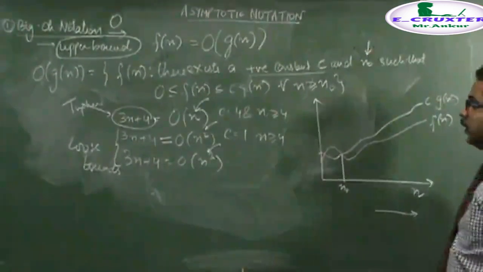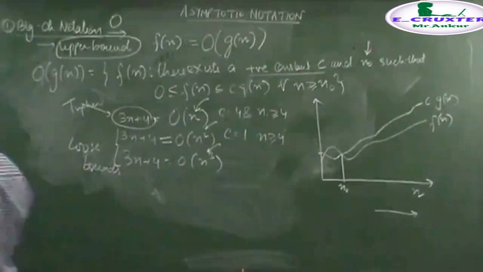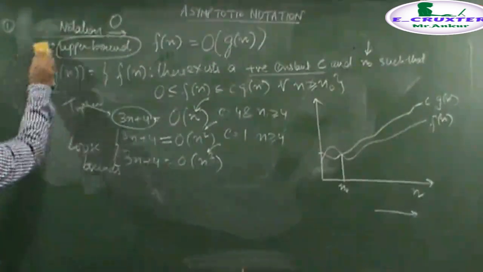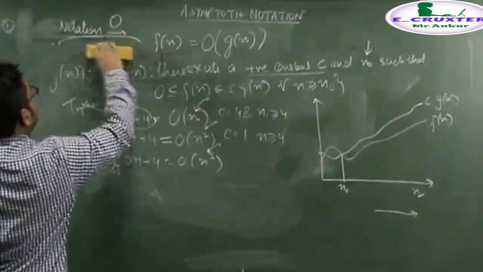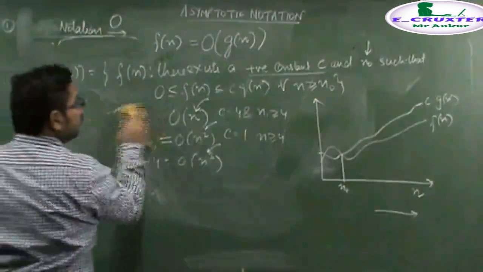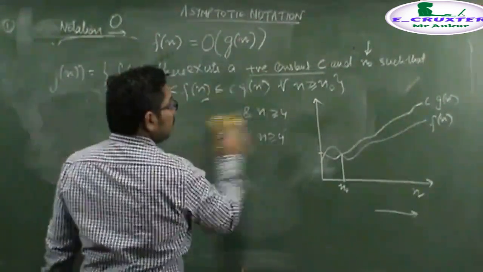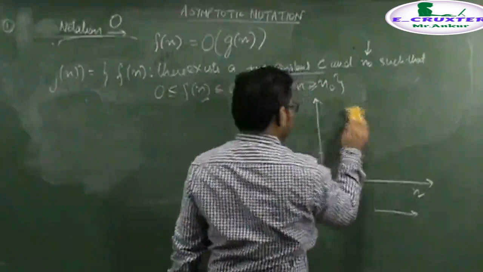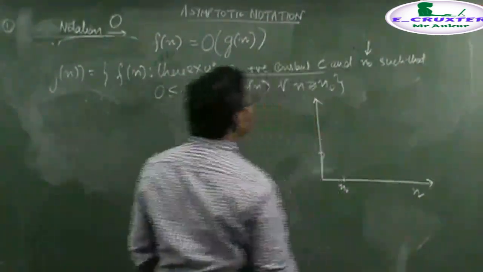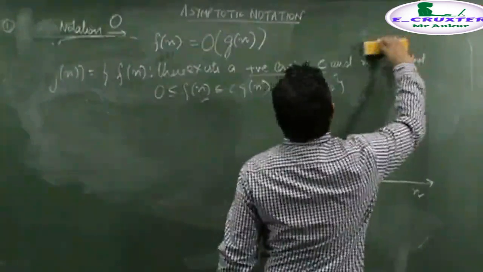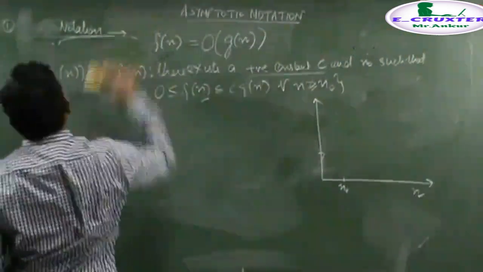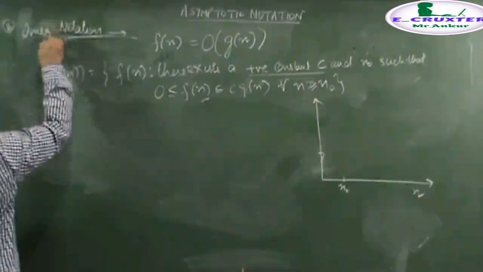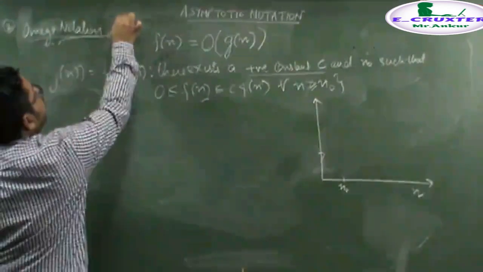Okay. Now coming to the next notation. The second notation is known as the omega notation, and it is denoted by big omega.